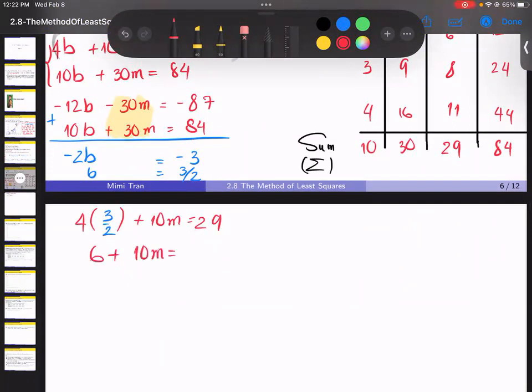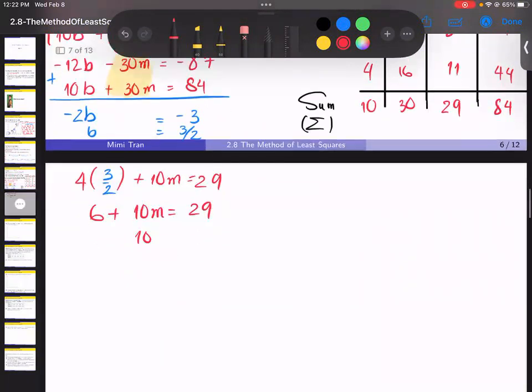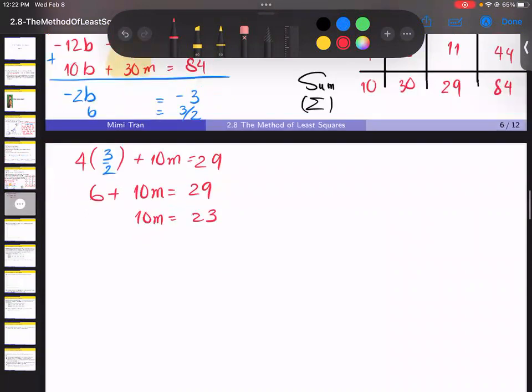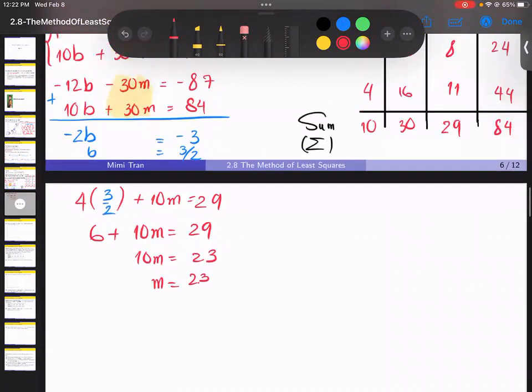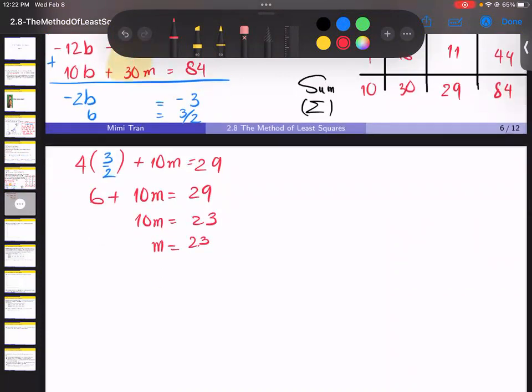Plus 10m equal 29. Subtract 6. 10m equal 23. M is 2.3. The best fit line is y equal 2.3x plus 1.5, which is 3/2 there, 1.5.